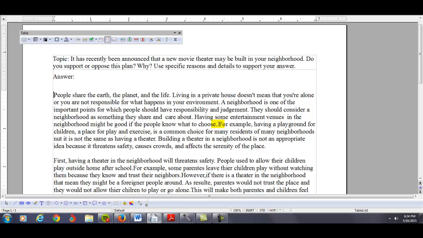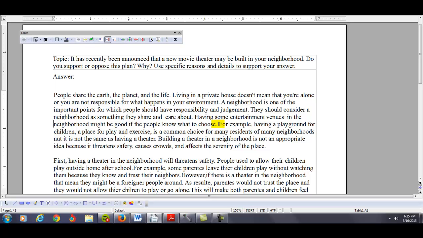People share the earth, the planet, and the life. Living in a private house doesn't mean that you're alone or you're not responsible for what happens in your environment. A neighborhood is one of the important points for which people should have responsibility and judgment. They should consider a neighborhood as something they share and care about. Having some entertainment venues in the neighborhood might be good if the people know what to choose.